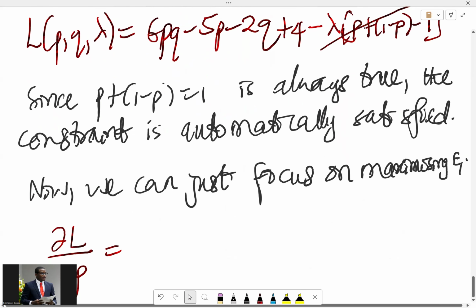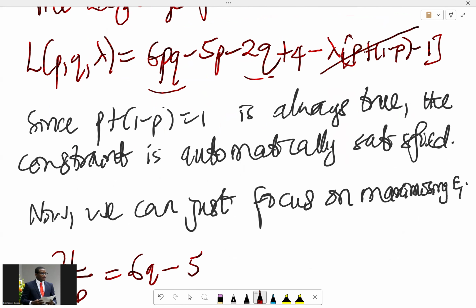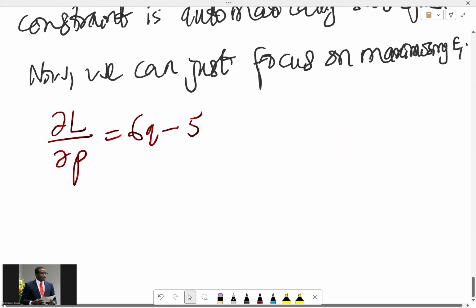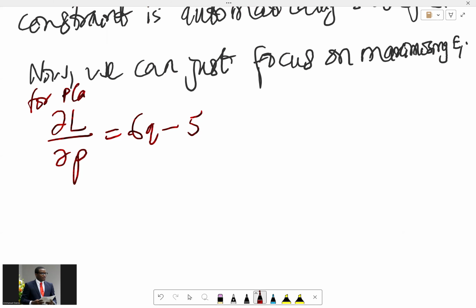If we differentiate 6PQ with respect to P, we have 6Q. Then if we differentiate 5P with respect to P, we have 5. The other term has no P, so it goes to 0. That is for player 1.